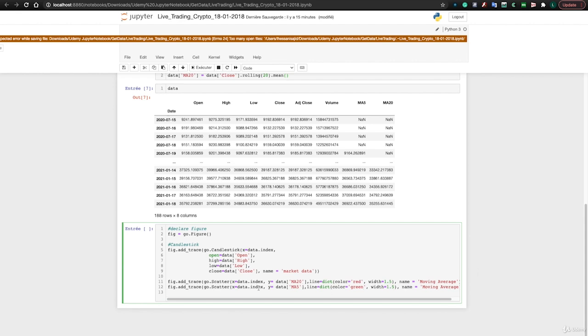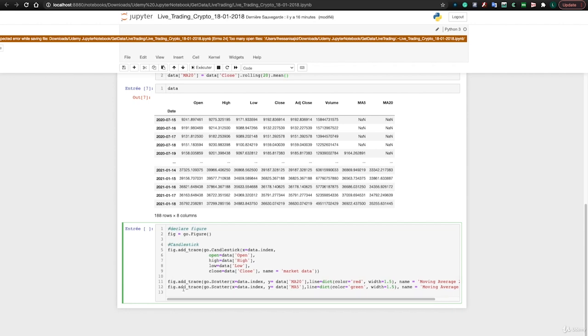Perfect. I kept it in blue in order to have the same as the whiteboard, but it's going to be more explicit in green, like a green signal. Okay, let's call this one moving average 20, and this one moving average 5 days. 20 days.